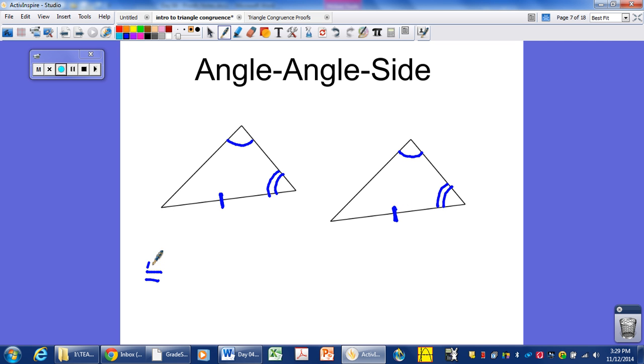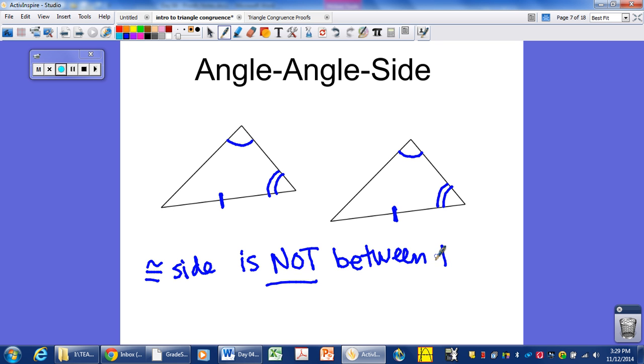So the congruent side is not between the congruent angle in angle, angle, side. This is a little bit different than the last one where the angles were surrounding the side. Here, the side is not between the angles, but it still turns out that you can only make one certain triangle if this is true.